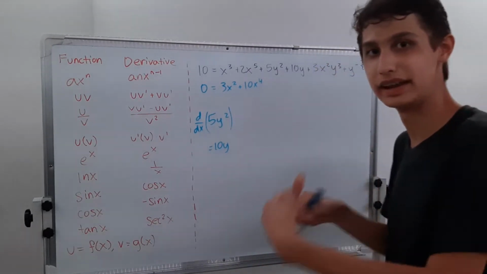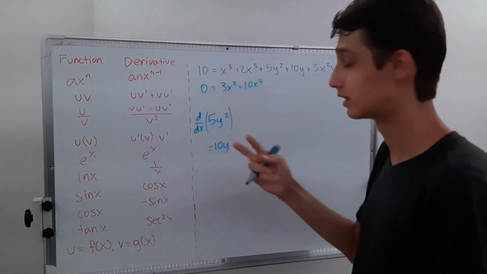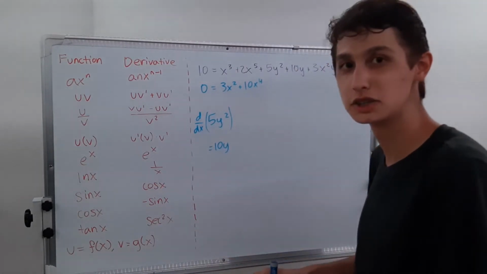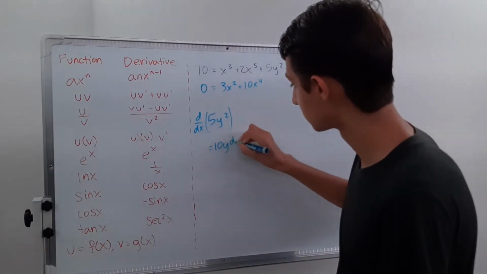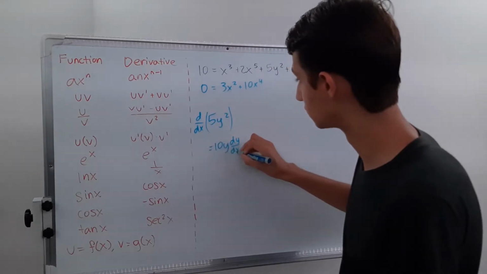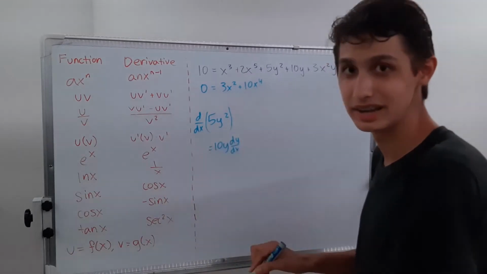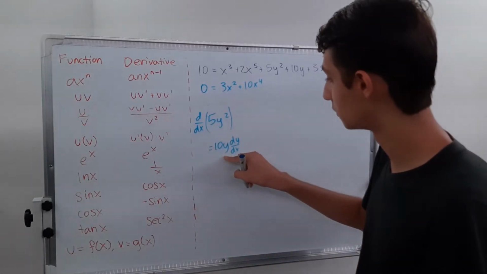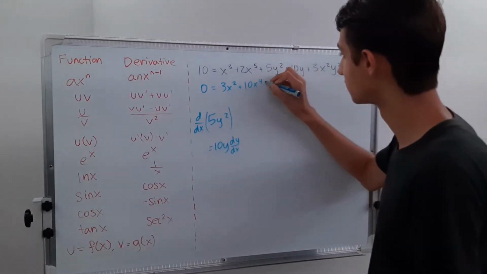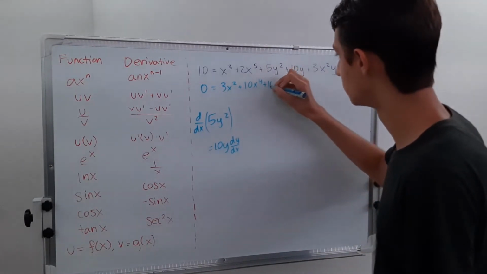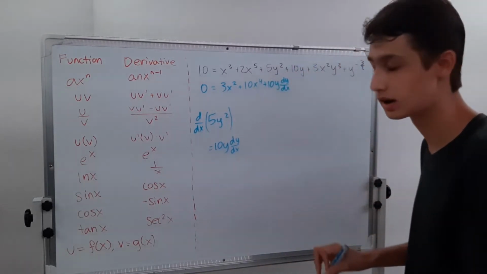It's like a hidden chain rule, basically, where we treated y as x, but y really is a function of x, so we multiply by dy dx. So it's like the derivative of the inside, because d dx of y is dy dx, right? So that's the derivative of the outside, derivative of the inside, right? So this is just 10y dy dx, or you could even write this as y prime.